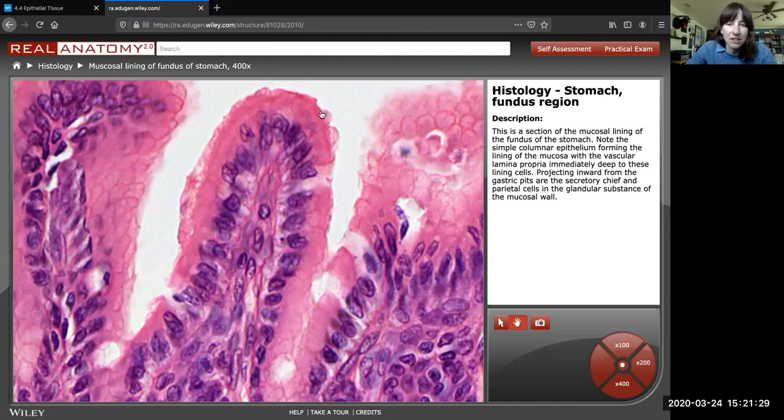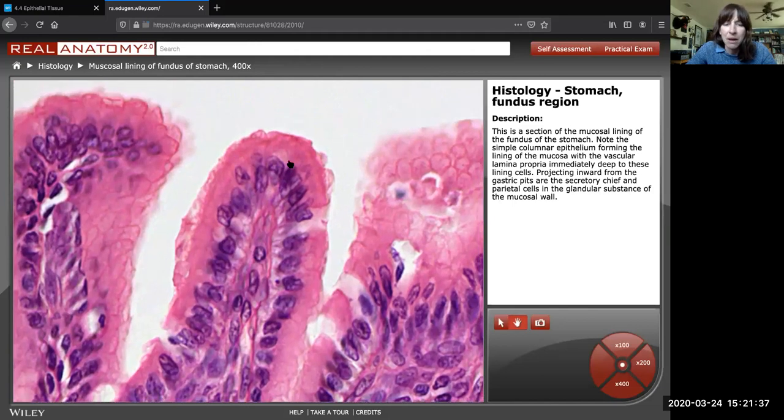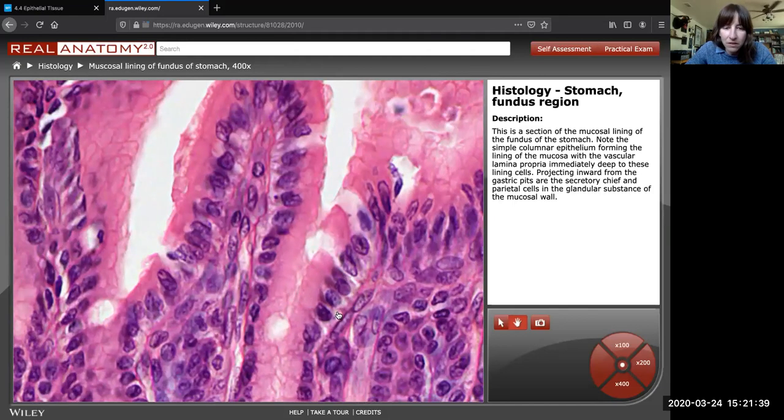It's a little bit harder to see the individual cell walls or plasma membranes, which is why I think it might be a little bit more confusing. This isn't so bad over here. You can kind of see the individual cells here.